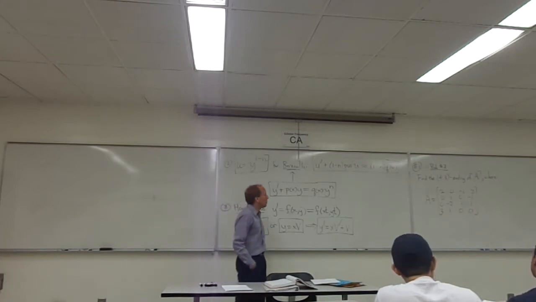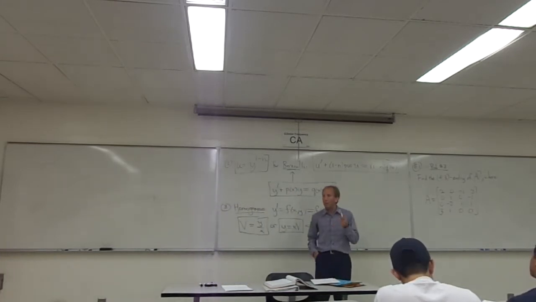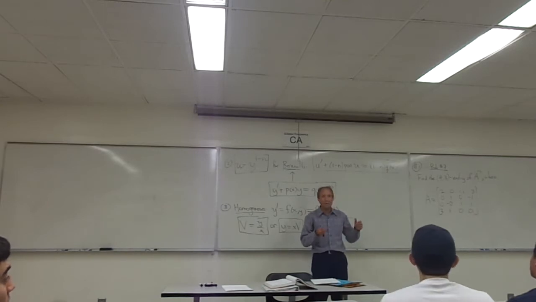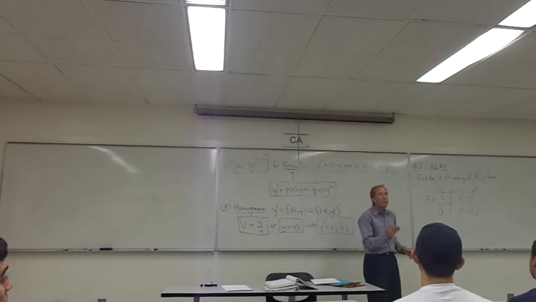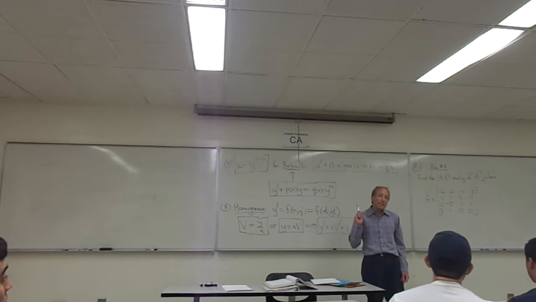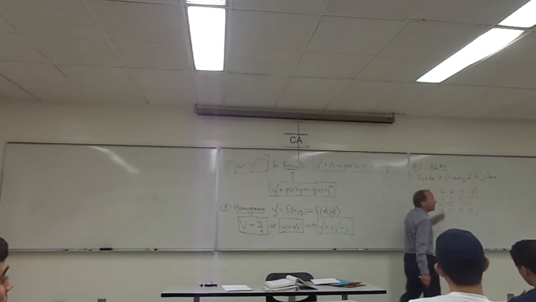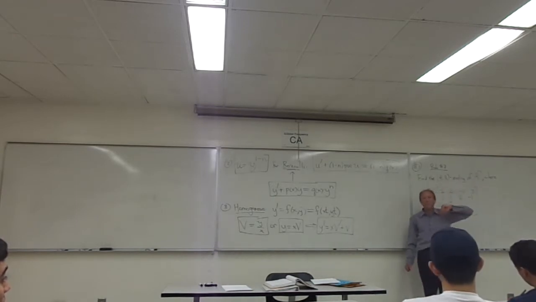Does anybody want to do it with Gauss-Jordan elimination? No. Okay, so some people do. See, the thing is this. I did not ask you for the entire A inverse matrix, right?